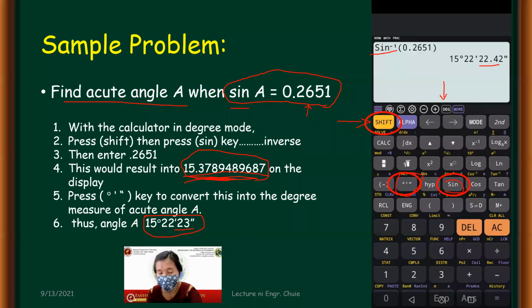So sine inverse is just mostly naka-shift sine. May iba kasing calculator na may sine inverse. Pero usually naka-inverse na. So you need to take the shift form and then sine. Okay? So yung angle lang yung dapat mag-shift. Hindi yung estudyante ang dapat mag-shift. Okay? So let's move forward.